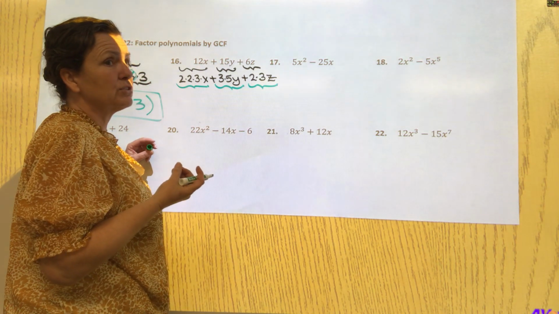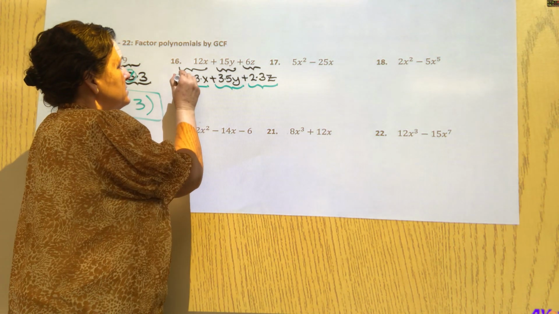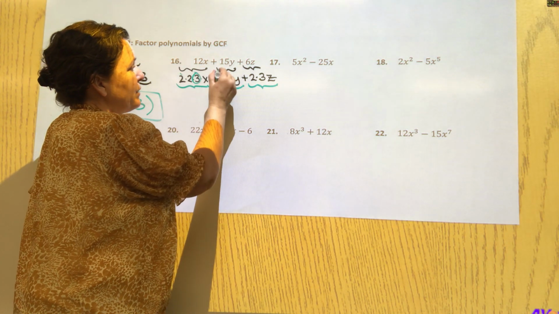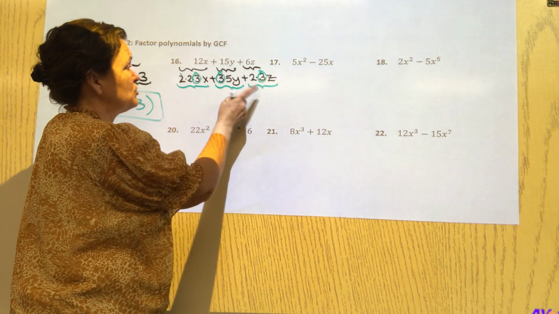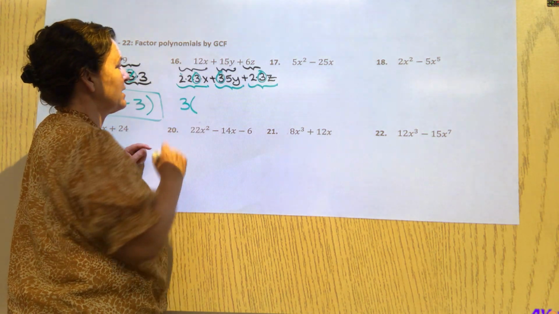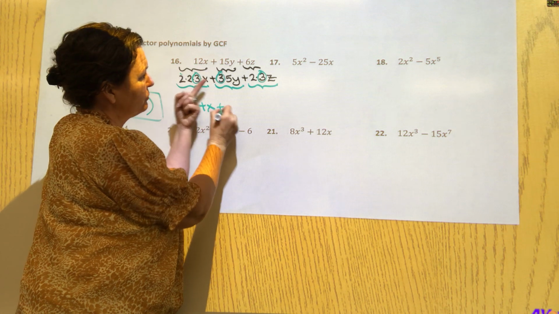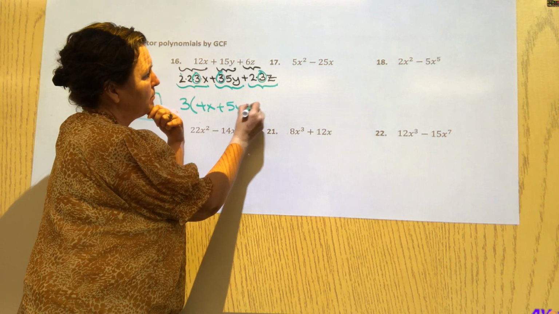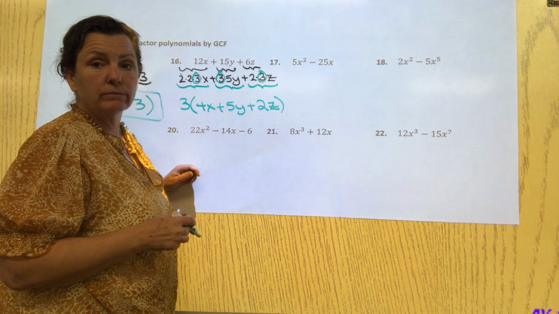And we're asking ourselves, what's the greatest thing that they have in common? And that is a 3, a 3, and a 3. That's the only thing I see. Like these two both have a 2, but this one doesn't, so I can't take it out. So the 3 is the greatest thing that I can take out, and I'm left with 4x plus 5y plus 2z. Same answer as I got before.